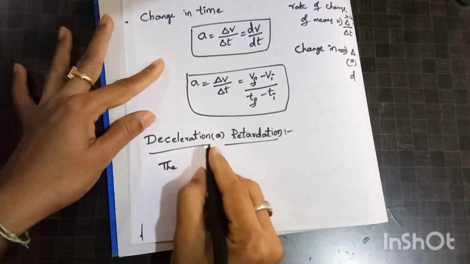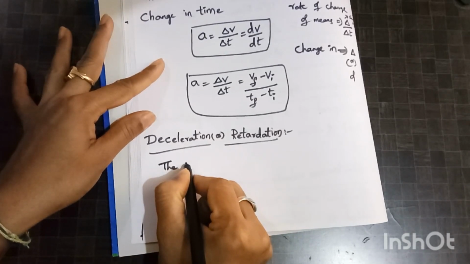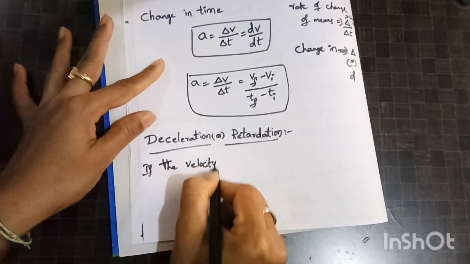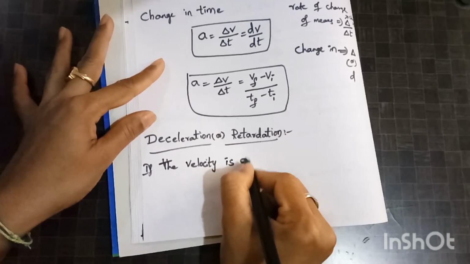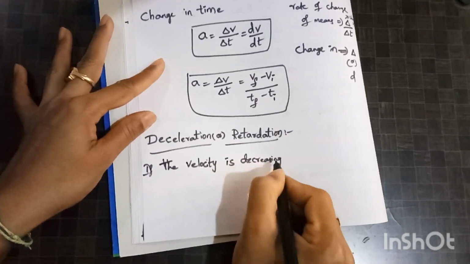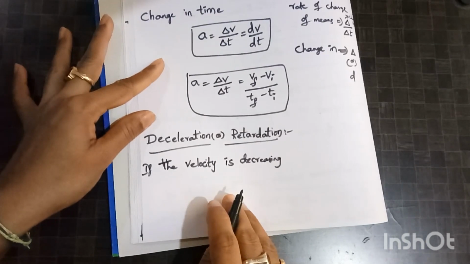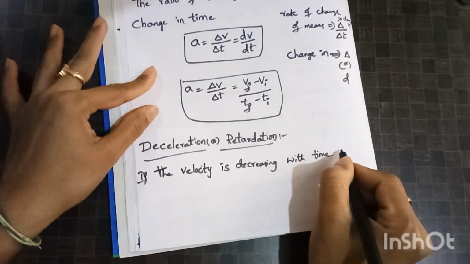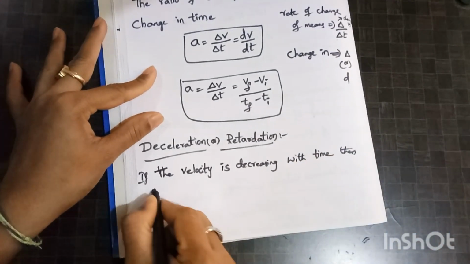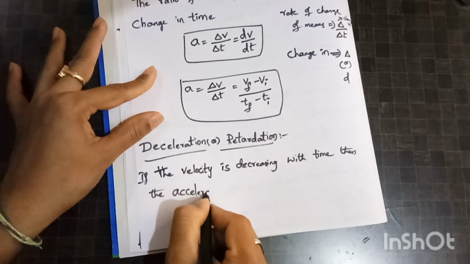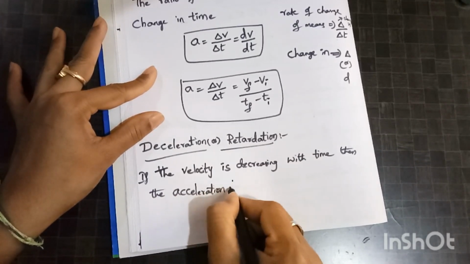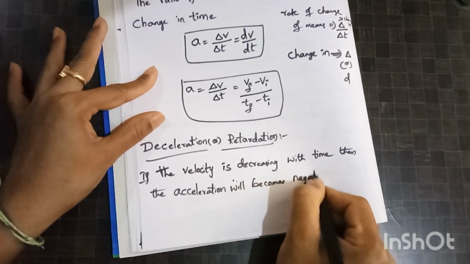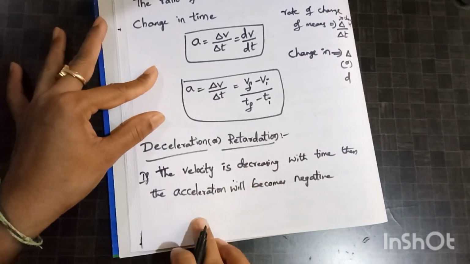If the velocity is decreasing with time, then the acceleration becomes negative.